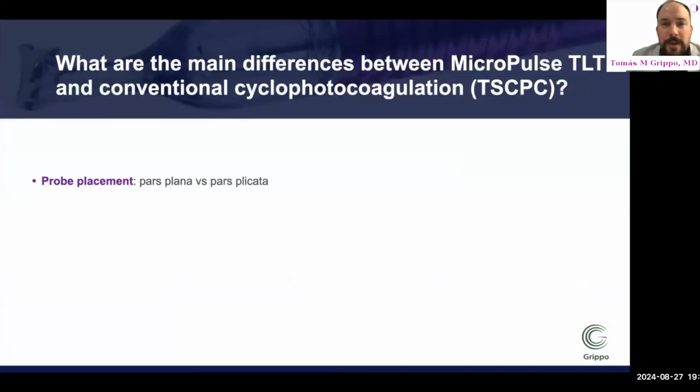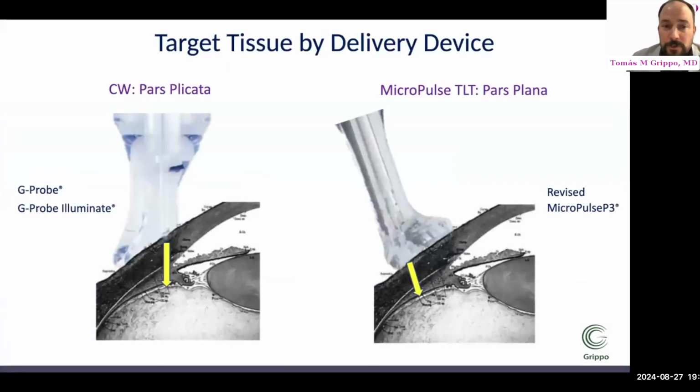What are the main differences between MicroPulse TLT and the traditional conventional cyclophotocoagulation? One of the first differences is where we actually place the probe. When it comes to the traditional CPC, the probe is placed more anteriorly, and it actually has more of an effect over the pars plicata of the ciliary body, as we can see on the left side of the slide.